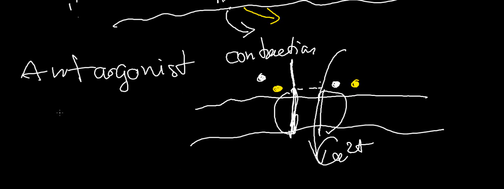They are defined as molecules that do not have any intrinsic activities. They just block the activity of the agonist. Okay, so this is an antagonist. Let's move to another. Here we have the partial agonist.